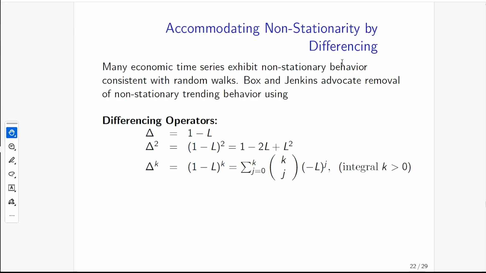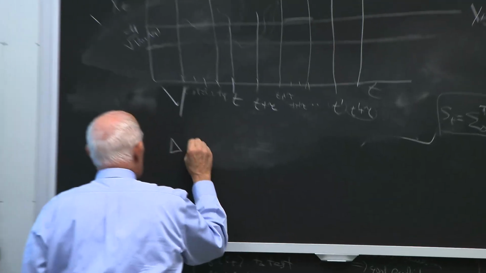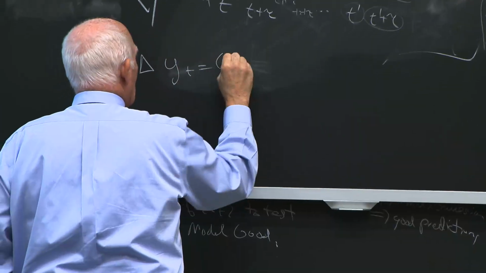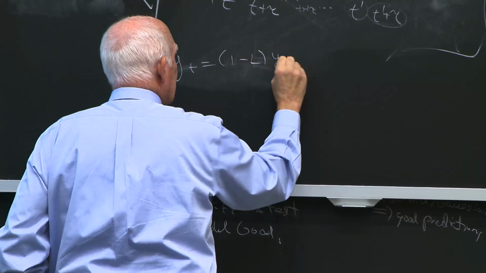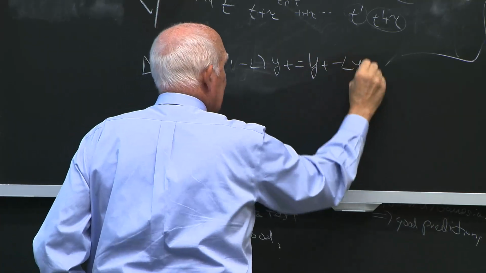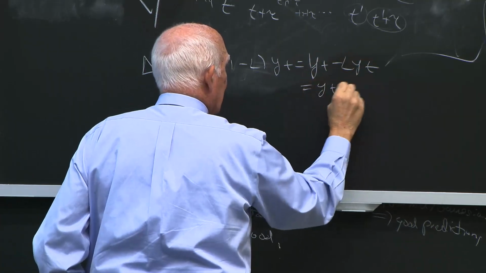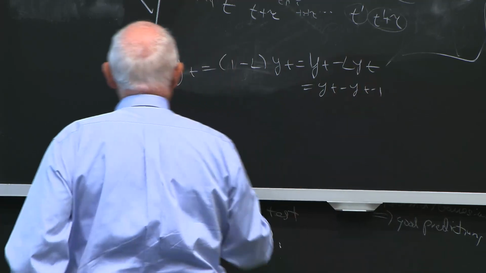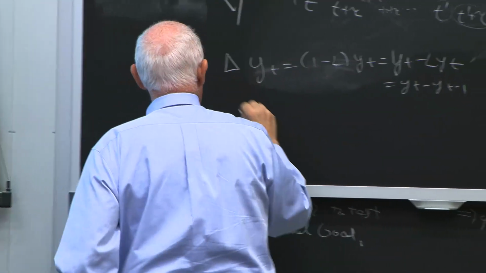If we do delta y_t equaling (1 minus L) y_t equals y_t minus L y_t, which is y_t minus y_{t-1}, this is first order differences.